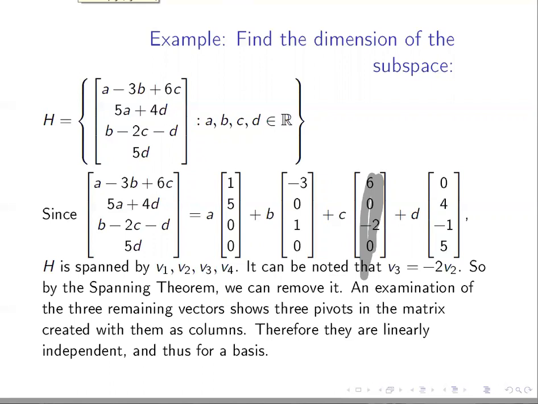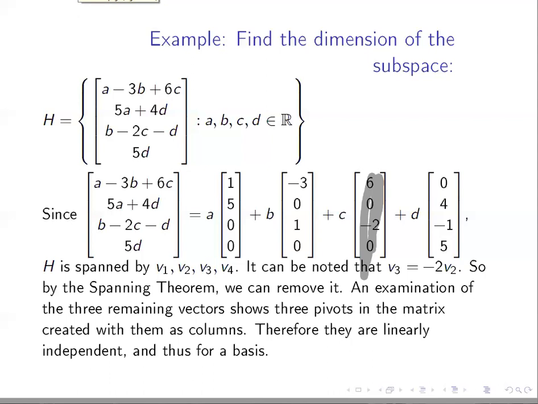Now, if I take those 3 and put them into a matrix and do row reduction, we would quickly notice that they have 3 pivots, so they're all linearly independent. So it turns out that this is our spanning set, and it's also linearly independent, so it's a basis.